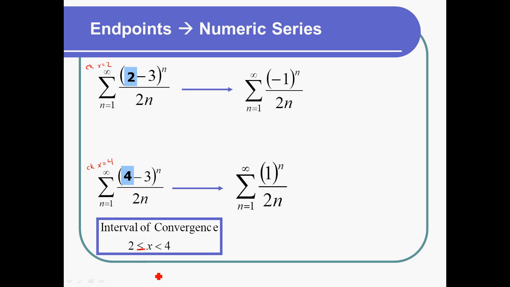The left endpoint got to come to the interval of convergence party. The right endpoint didn't. Can you see why? Take this 2, put it out here. If it kind of messes with you, then you have negative 1 to the n over n. And I've got my 1/2 out here. This numeric series converges by what?